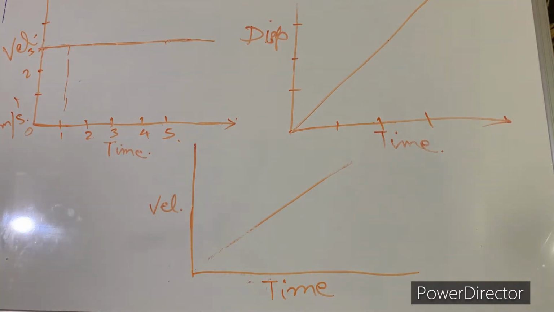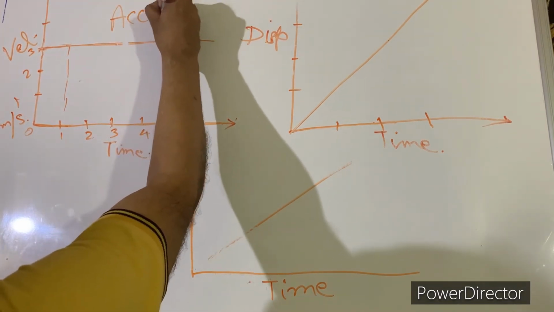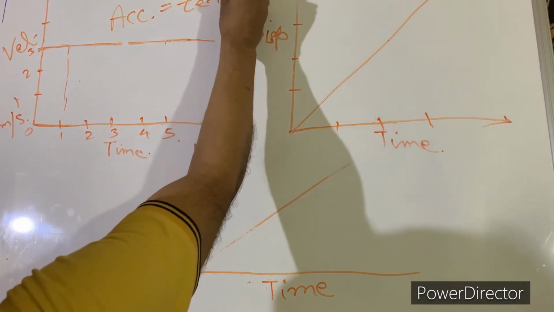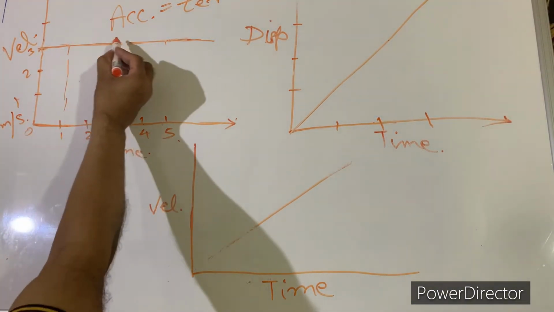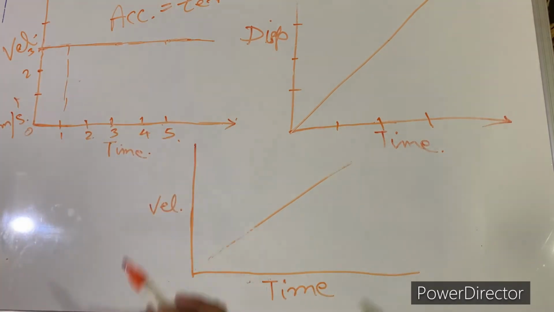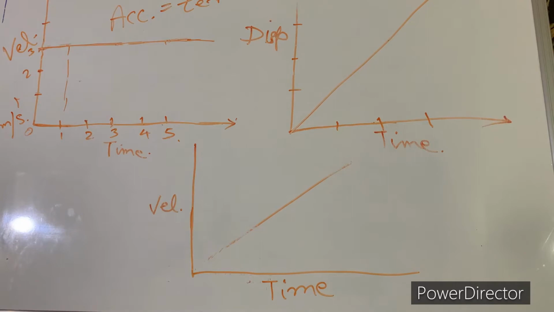That means the body is traveling with a constant velocity. And what does constant velocity mean? Constant velocity means that the acceleration of the body is equal to 0. Okay. So on the velocity versus time graph, the horizontal line shows the body moving with a constant velocity where the acceleration is 0. So you have understood the significance.